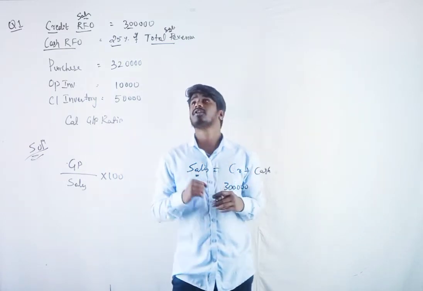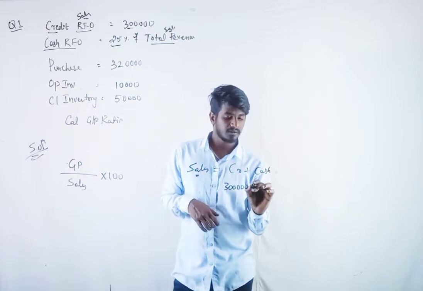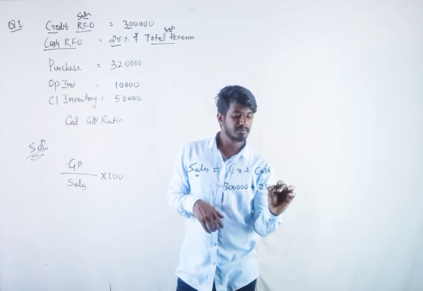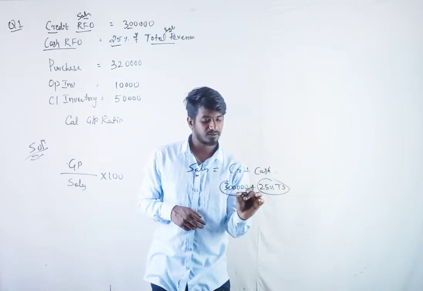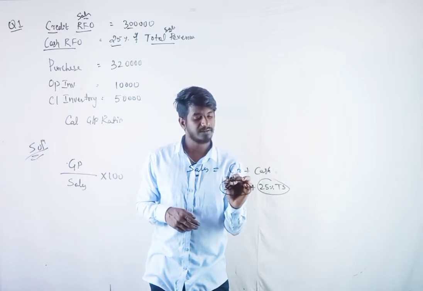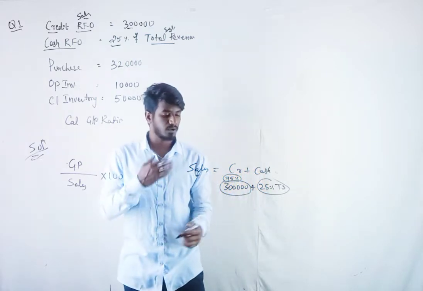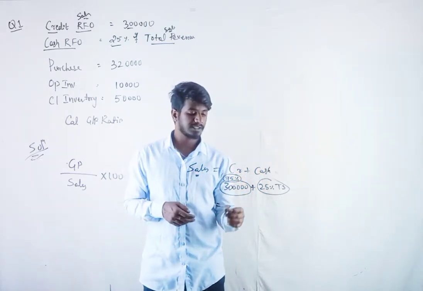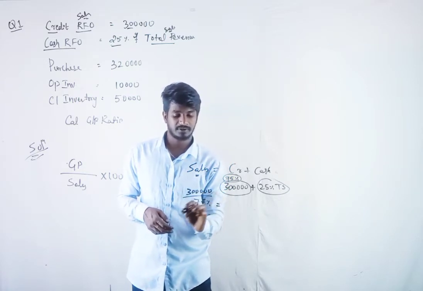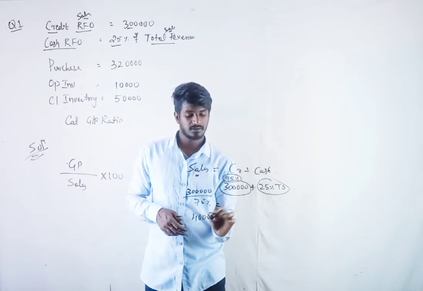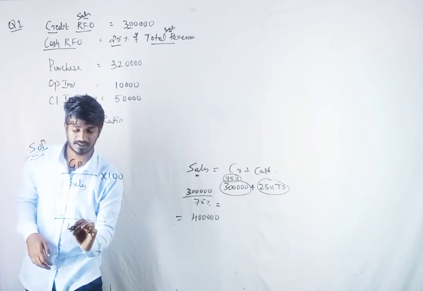Okay, fine. We don't have total sales, we should calculate that. If cash sale is 25% of total sale, so it means the credit sale 3 lakh is 75%. Is that correct? Then what is the total sales? Just 3 lakh divided by 75% equals total sales, it comes out 4 lakh. We got the sales, 4 lakh rupees.